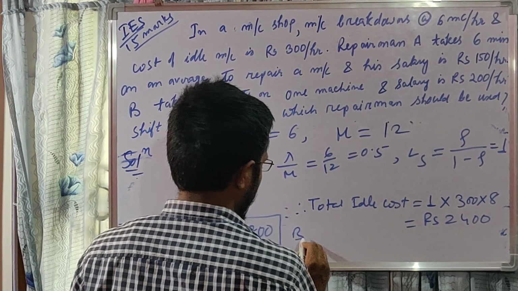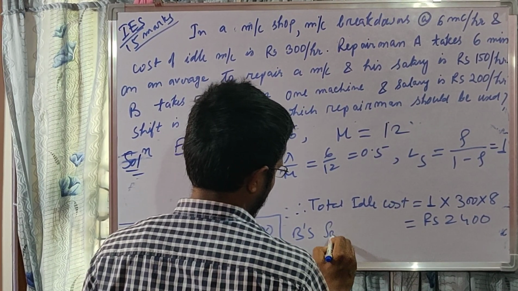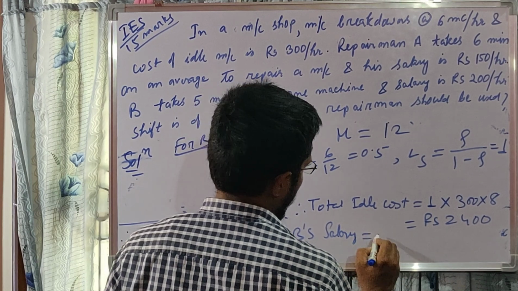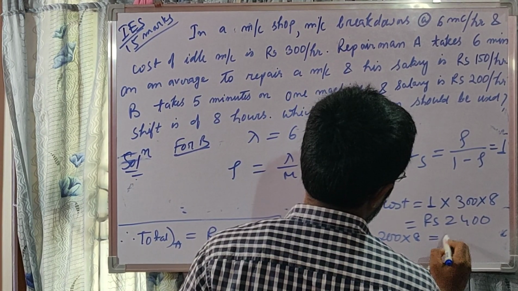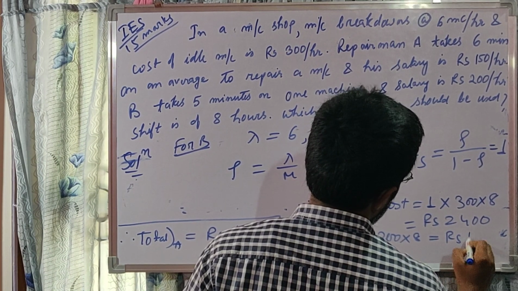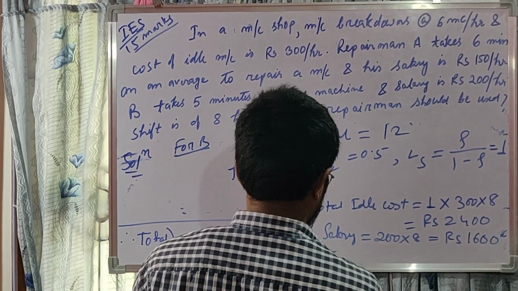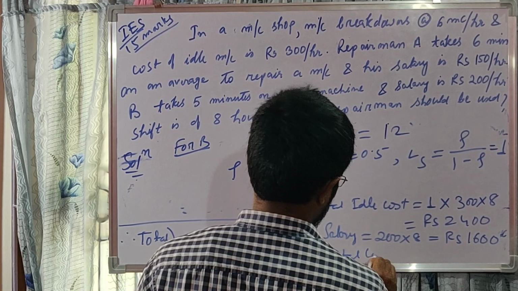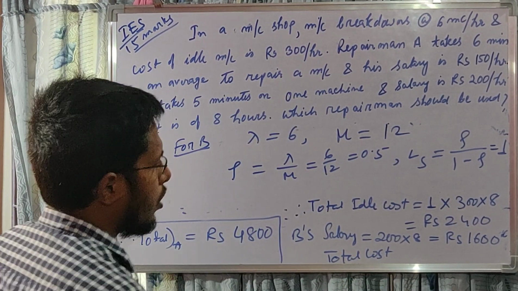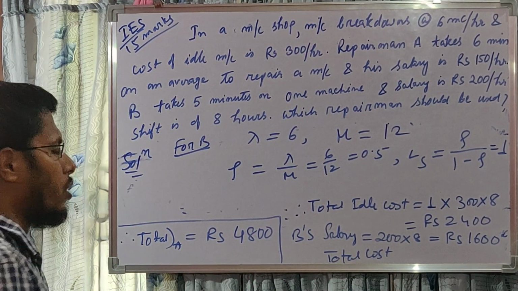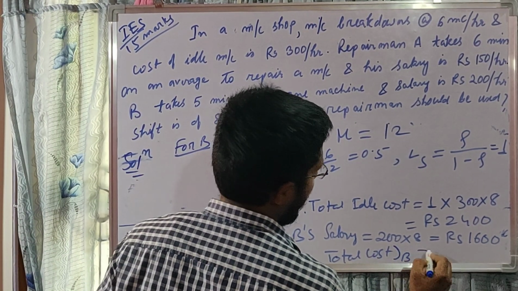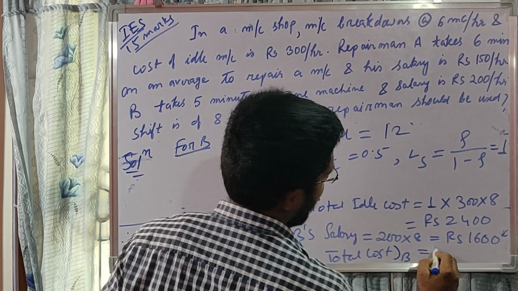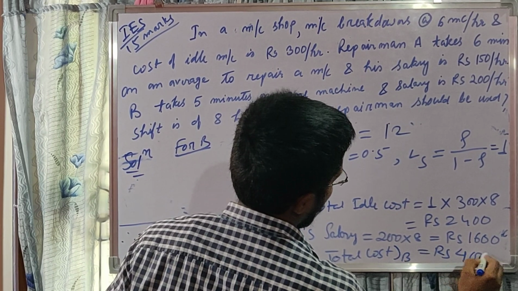And B's salary is 200 into 8. So rupees 1600. So total cost, if we select B, is 2400 plus 1600, rupees 4000.